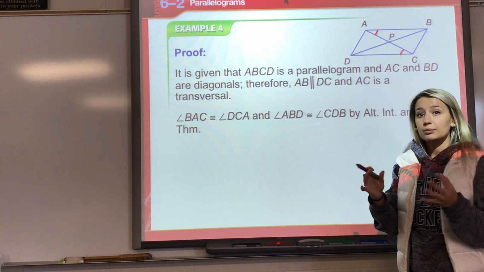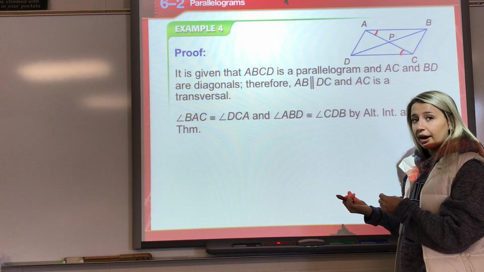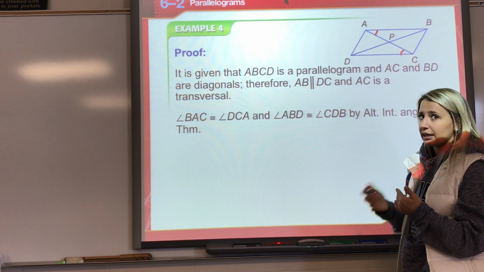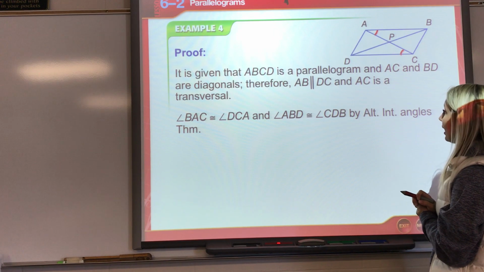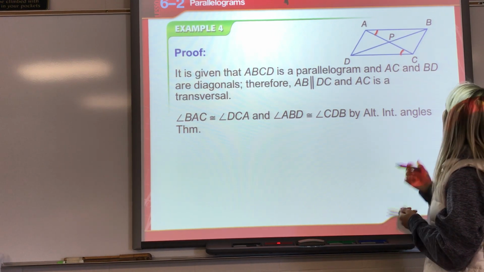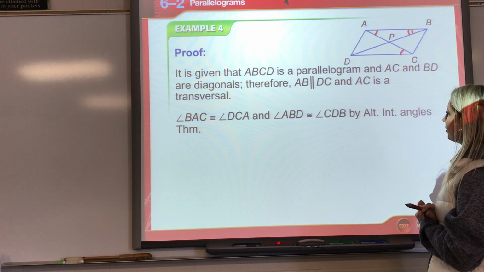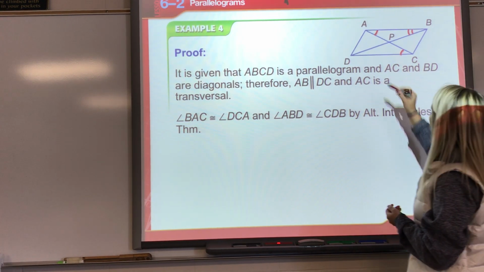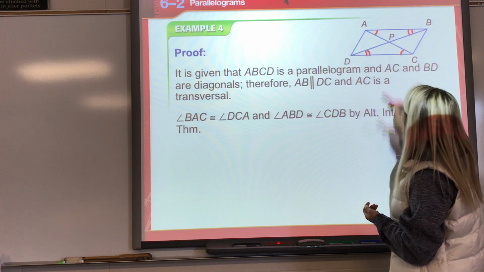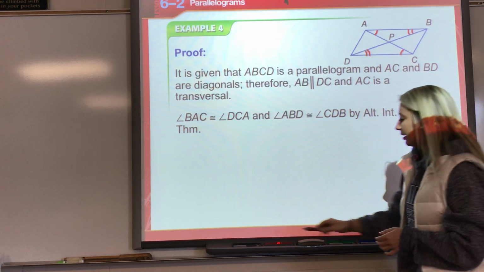Now notice that I'm switching gears here to a different pair of congruent angles, so now I have to use that double congruence mark. So I have ABD, this one is congruent to CDB, this one. And that's by the alternate interior angles theorem.